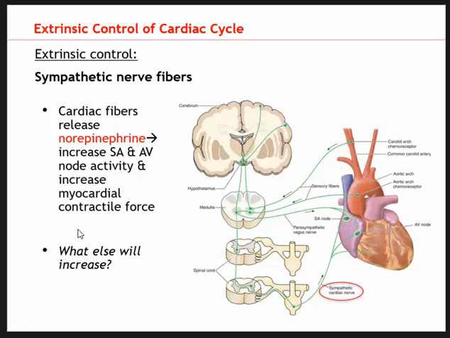Again, it's going to be heart rate and then volume of blood pumped. Why is there a greater volume of blood pumped? Because of the increased myocardial contractile force. The heart's going to contract harder, which will eject more blood. So that's the basics of our extrinsic control of sympathetic nerve fiber.